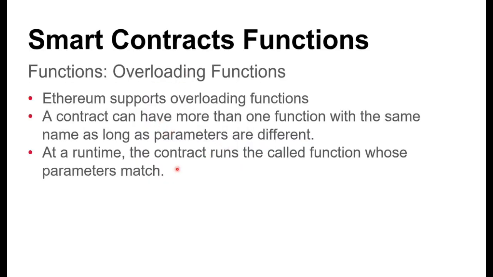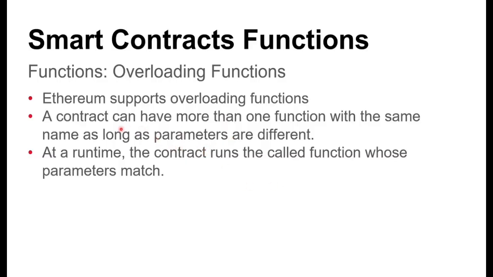And you can also overload functions. So you can have several functions of the same name within a contract. How does Solidity know which function you're calling if they all have the same name? Well, it's the parameter pattern.